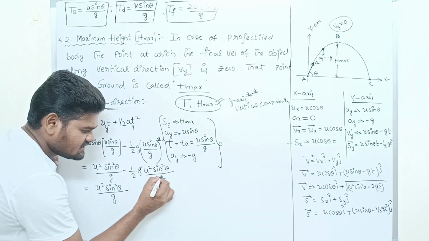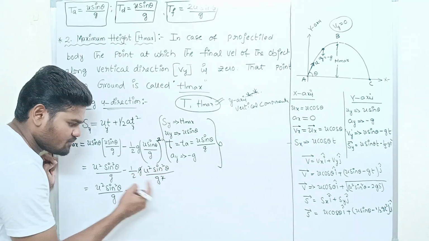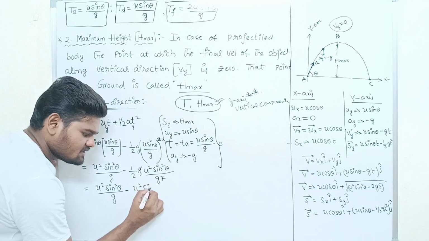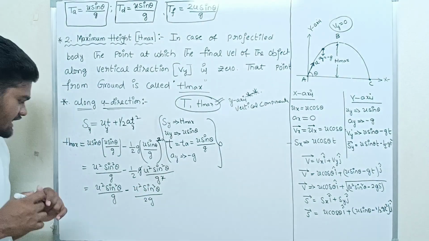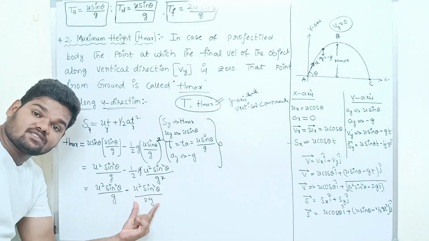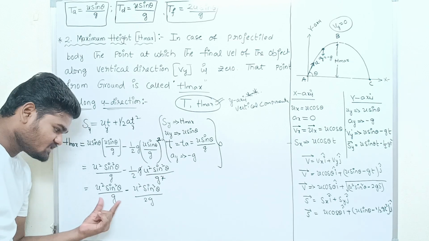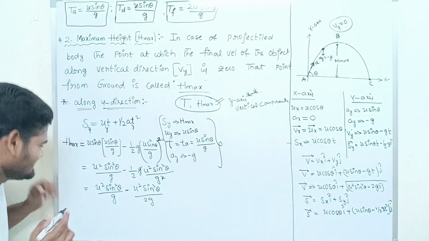Have a look here. G is there, g square is there. One g gets cancelled out, and we get u square sin square theta by 2g. Here we have u square sin square theta by g, and here u square sin square theta by 2g. This is full, this is half. Full minus half remains half.